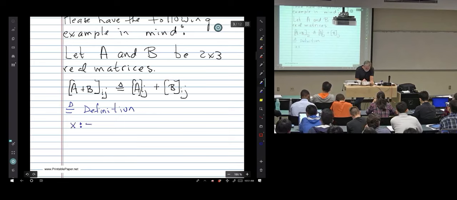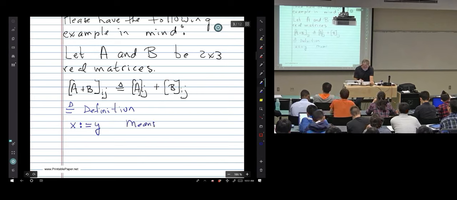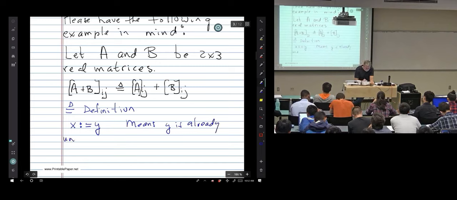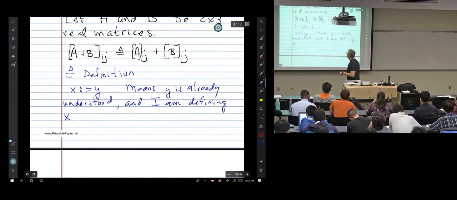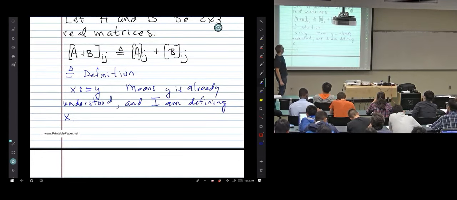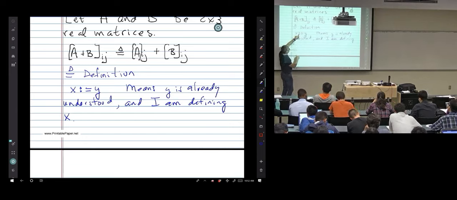X, by definition, equals Y means Y is already understood and I am defining the symbol X, okay? So I'm just trying to give a direction when you have something that is by definition.